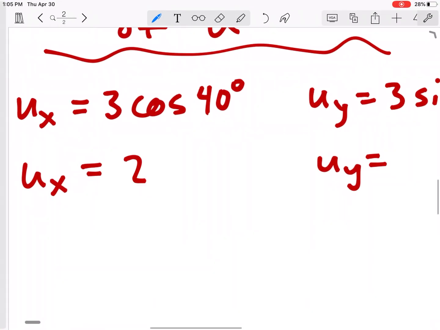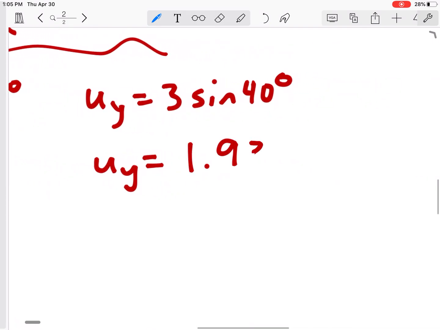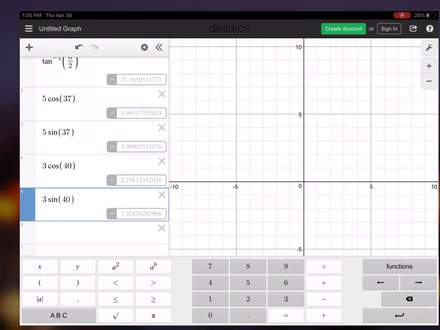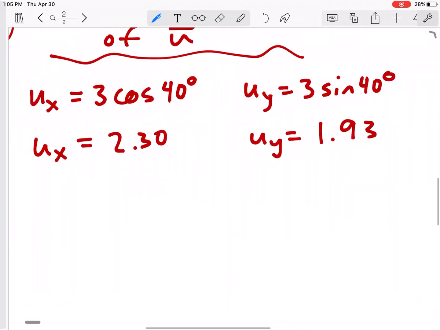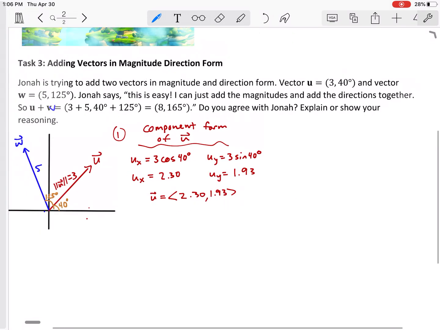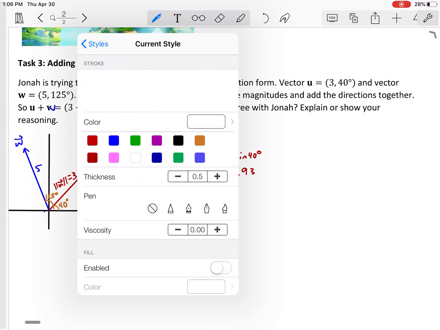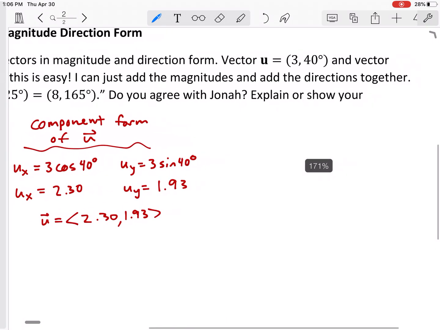So in component form, u is equal to 2.30, 1.93. I encourage you to pause the video and try the same thing out for w. Try to figure out what the components of w are.